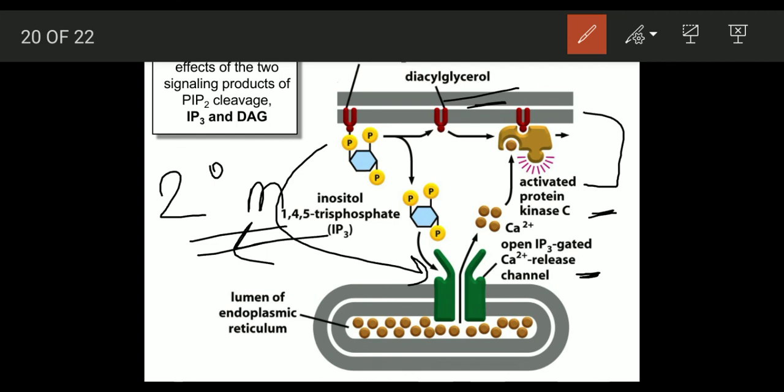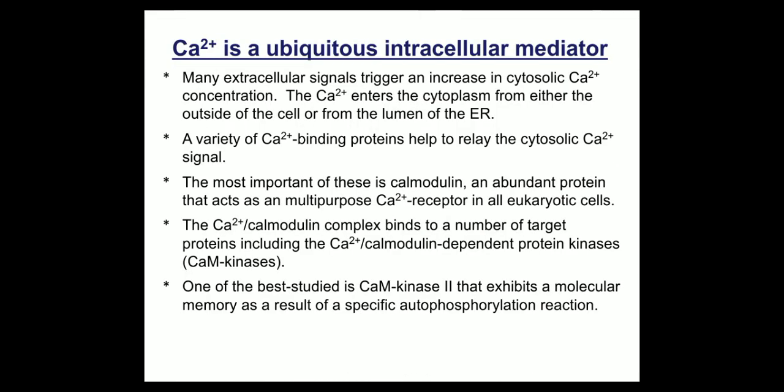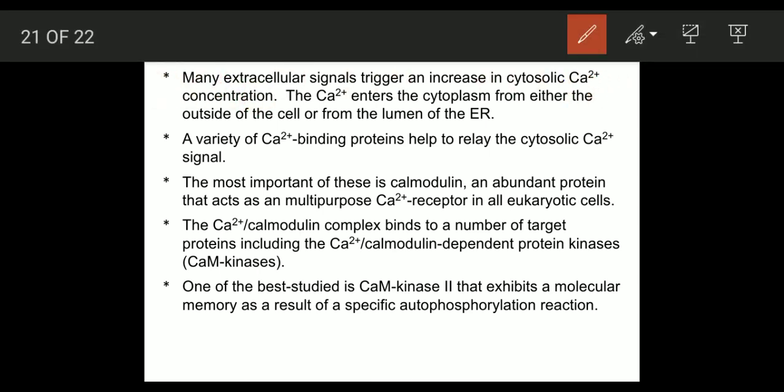Now let's talk about calcium, guys. Calcium is a ubiquitous intracellular mediator. What it actually means, let's see. Many extracellular signals trigger an increase in cytosolic calcium concentration. The calcium enters the cytoplasm either from outside the cell or from the lumen of the ER.